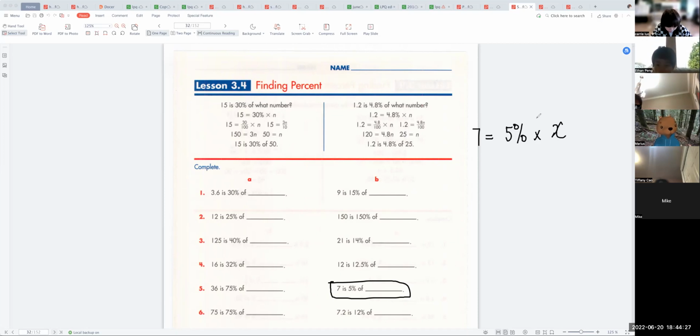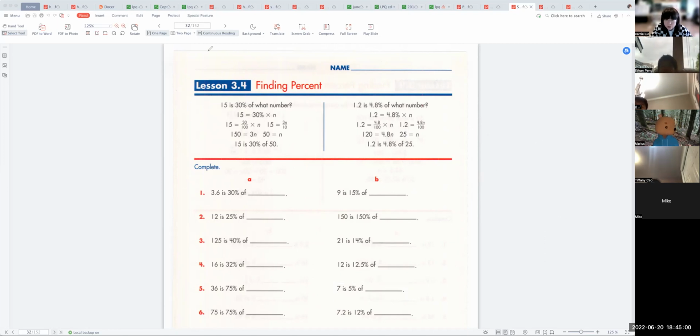So 7 equals 5% of X. Mike, no, X equals 7 divided by 5%. Okay, Mike, I know you're very smart. But the thing is, 7 divided by 0.05 equals 140. Thank you. Okay, boys and girls, that's very good.